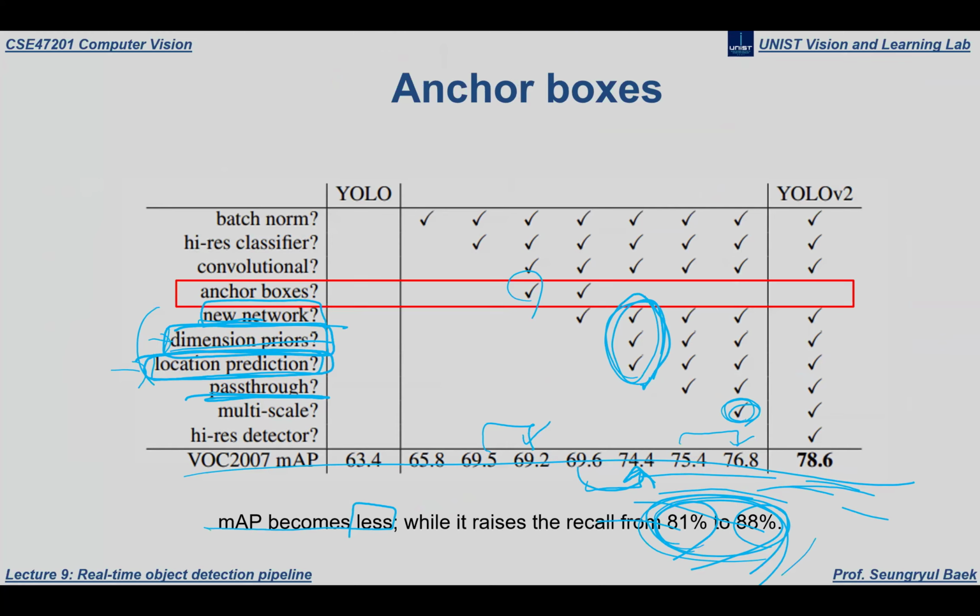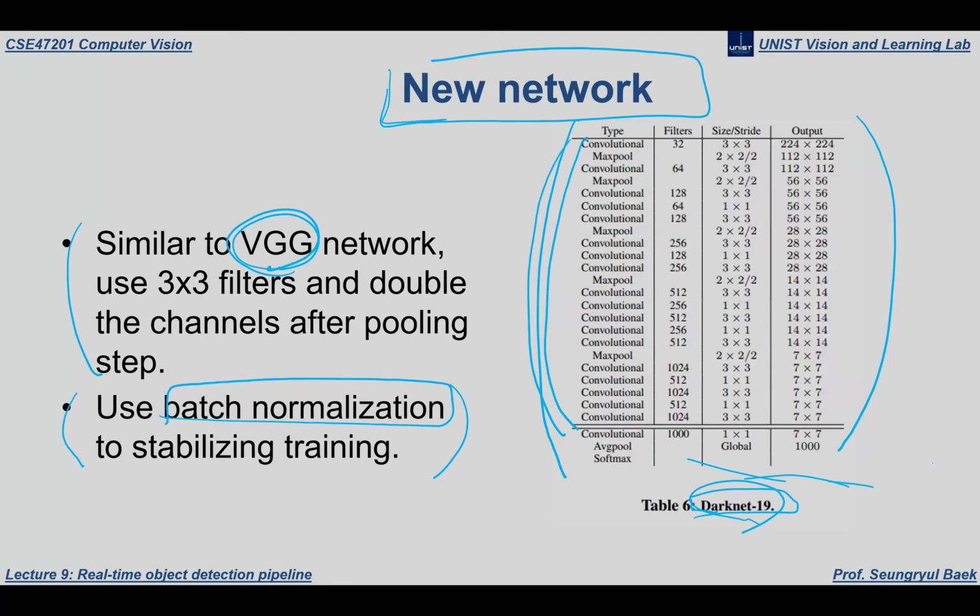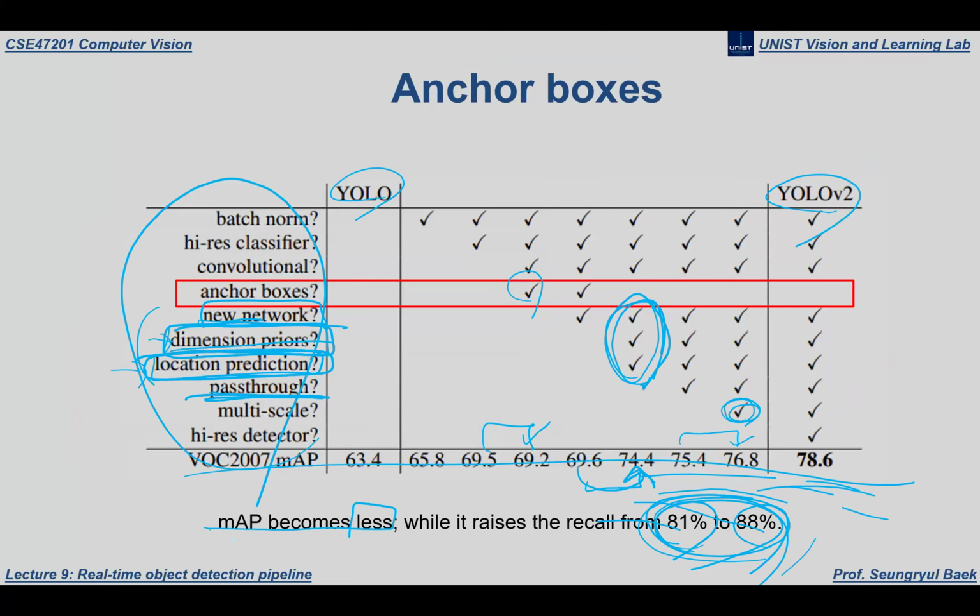That is YOLO version 2 compared to YOLO. Most of these things are heuristics, but YOLO version 2 becomes robust compared to YOLO. As far as I see, the anchor box scheme is the most important, because the most important problem in YOLO version 1 was the low recall.